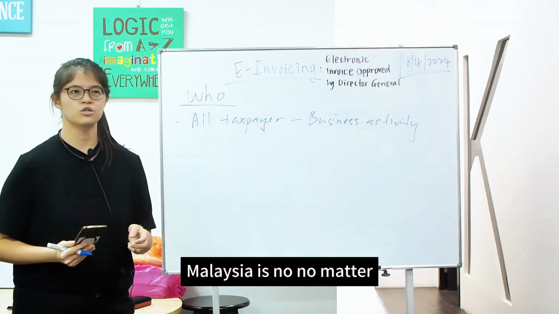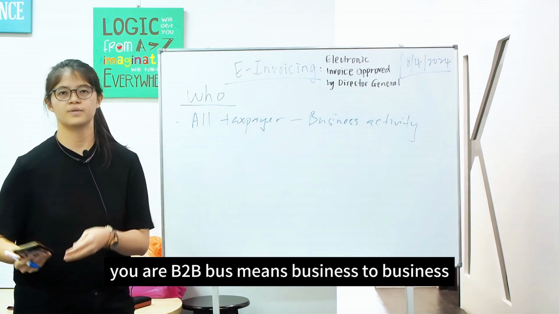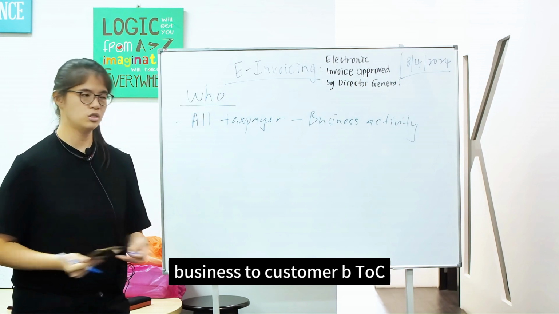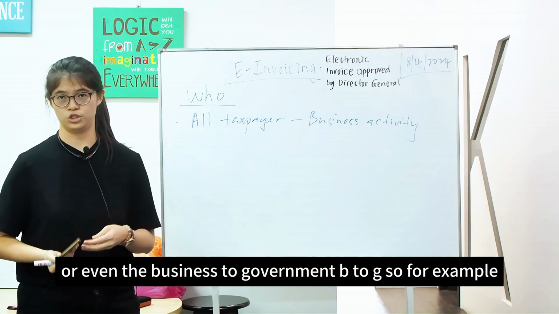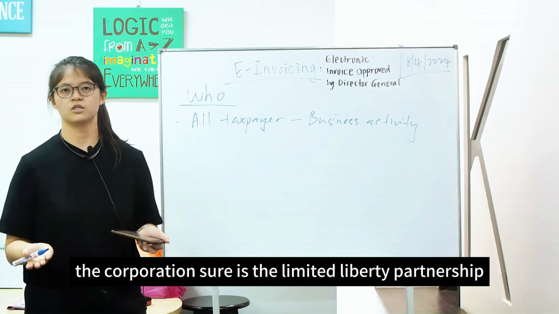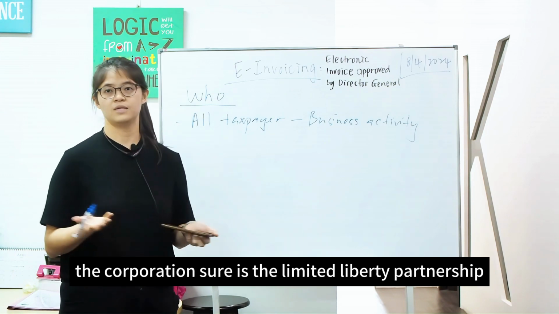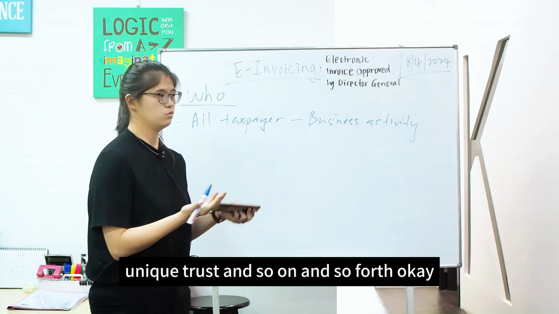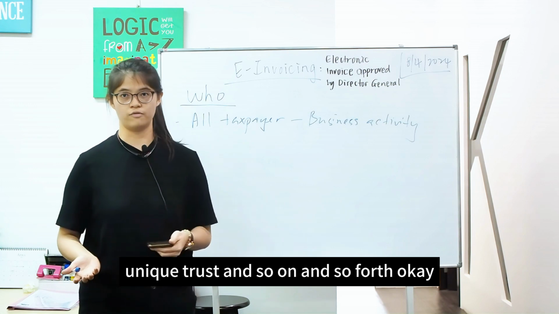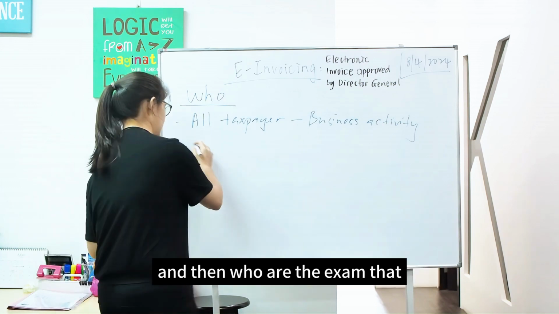No matter whether you are B2B, business to business, B2C, business to consumer, or even B2G, business to government. So for example, corporations, limited liability partnerships, sole proprietorships, unit trusts, and so on and so forth. Okay, and then who are the exempted?